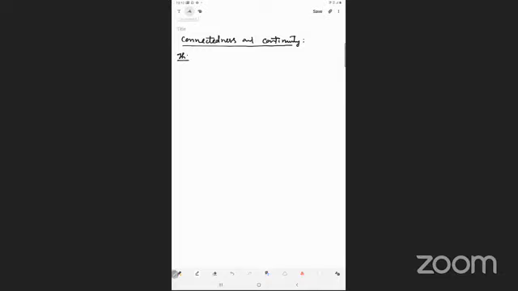Starting with a simple result, that is: every continuous image of a connected metric space is connected. Proof.